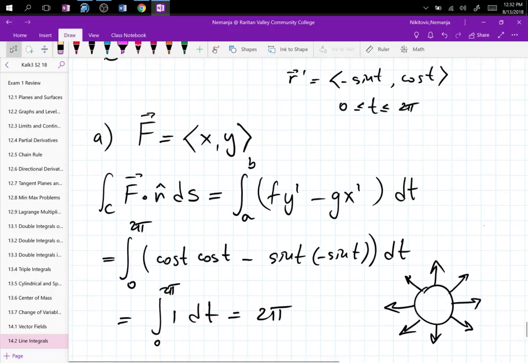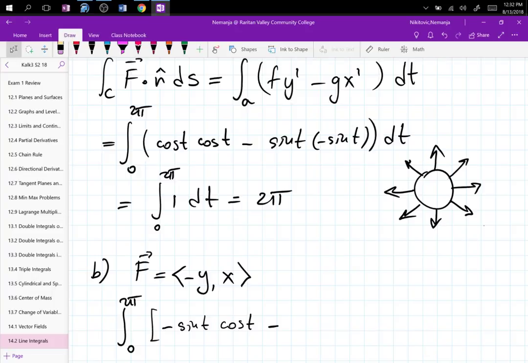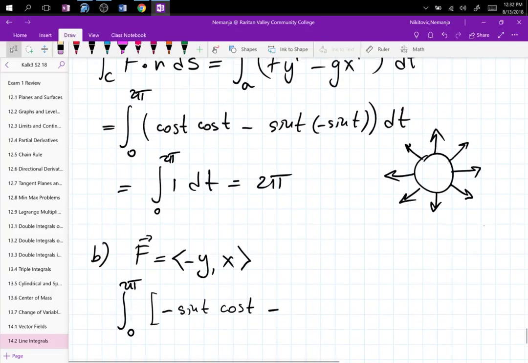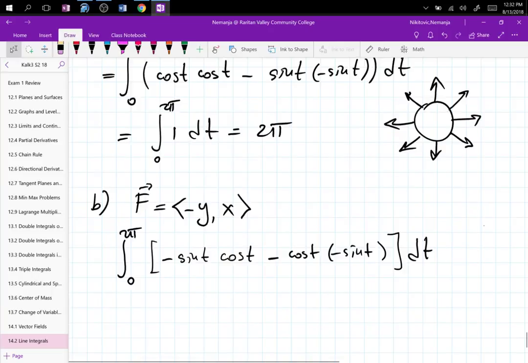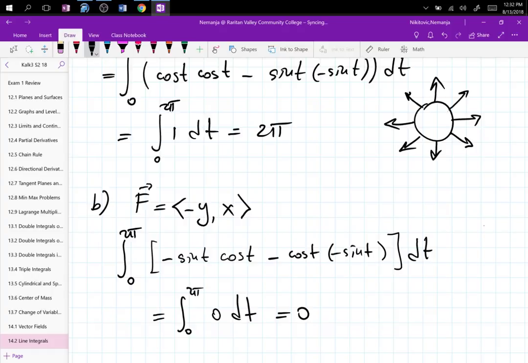And then minus, now we have x is cosine t, times negative sine t, dt. This is the integral 0 to 2 pi of big fat 0 dt, which gives us 0, which makes sense because nothing radiates out, this thing spins. So flux is 0.